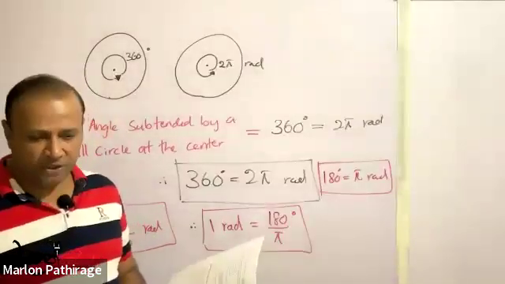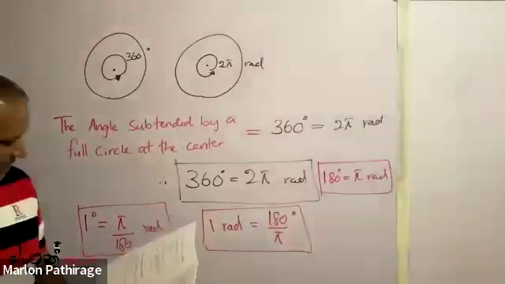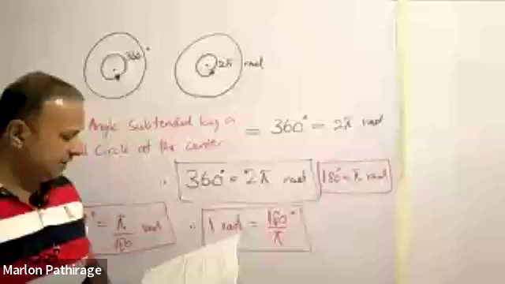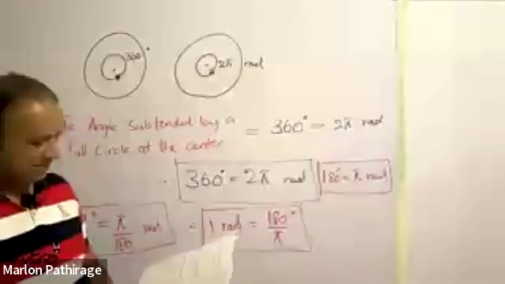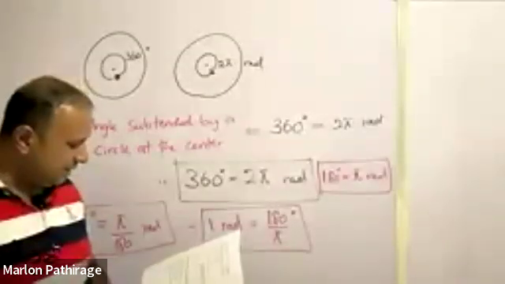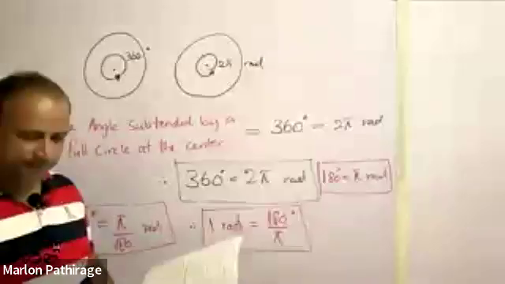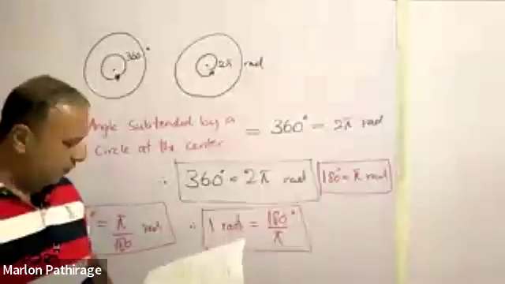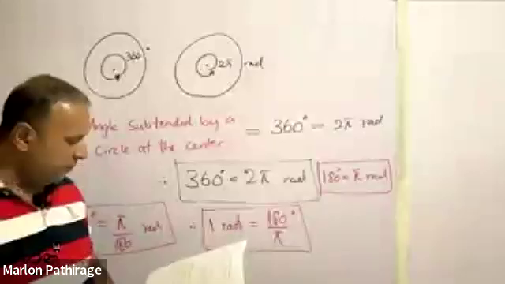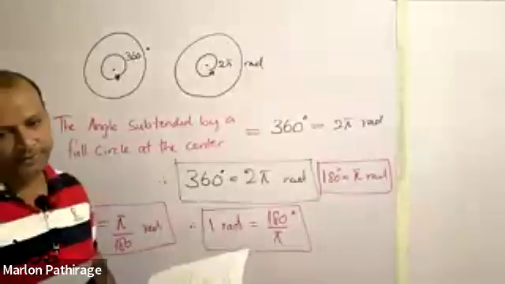Then the second question, convert the following angles in radians to degrees. Do the first 3: pi, pi over 3, pi over 2.